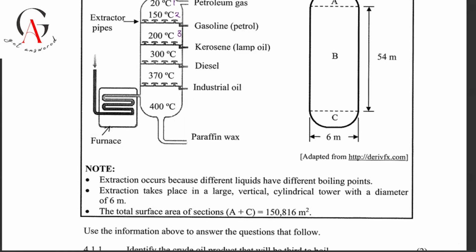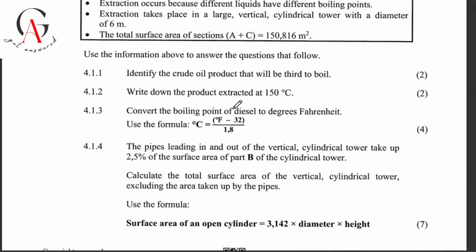So 1, 2, 3, we have kerosene. This is the third one to boil. Lamp oil.